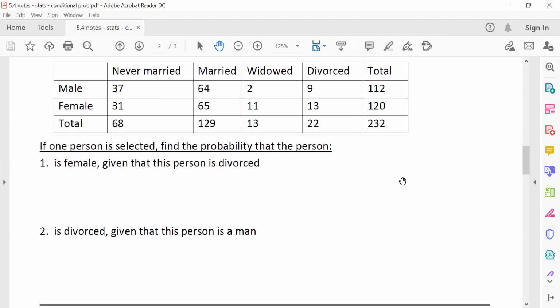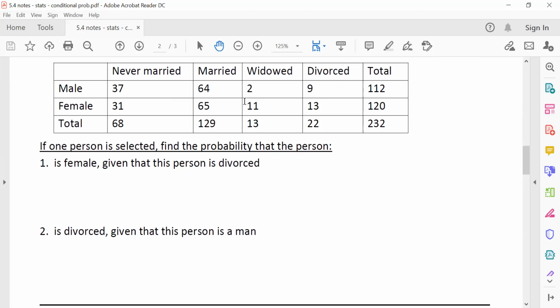Let's say you have a sample of 232 total people. 232 total people were sampled. And either we look at their records or we just ask them questions. 64 of those people are currently married and are male. So this means 64 means they're married and male. Notice the word "and" in there.